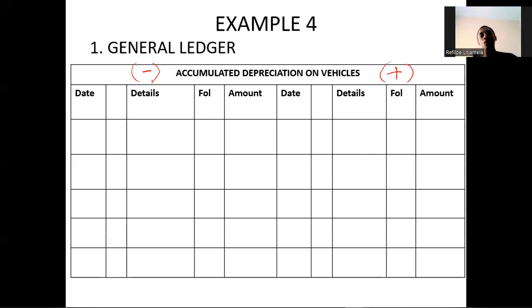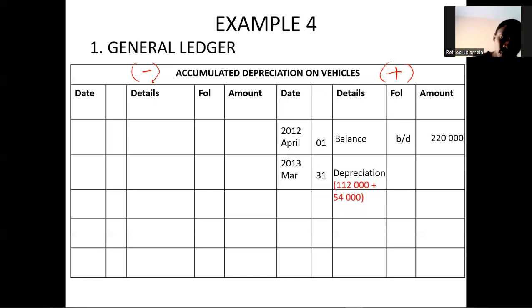The balance on vehicles will be on the credit side, if I am not mistaken. It will be 220,000, right? Okay, it will be increased by the depreciation of all vehicles, which is 112,000, which belongs to all vehicles, plus 54,000, which is the depreciation of the new vehicle.